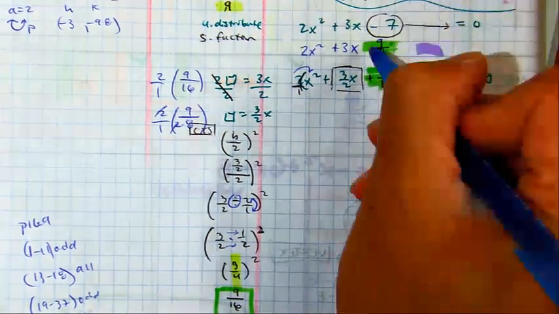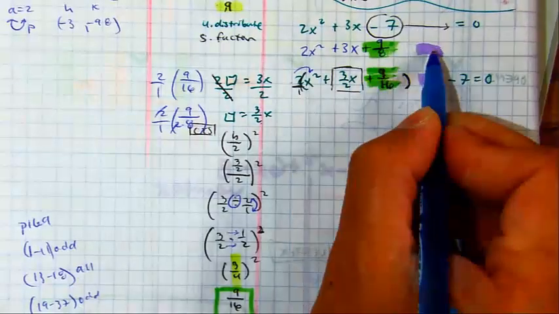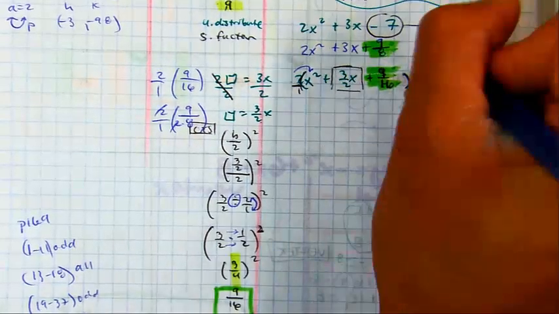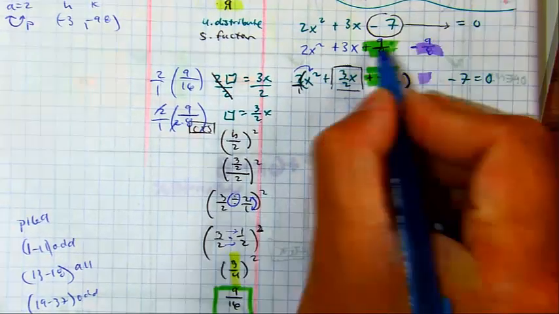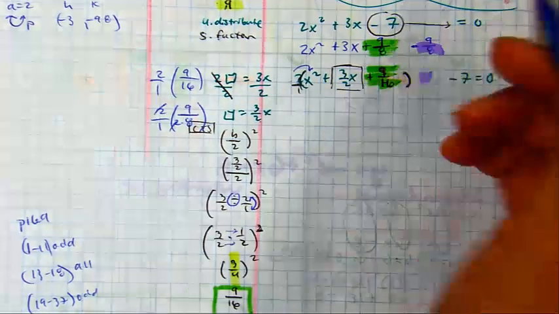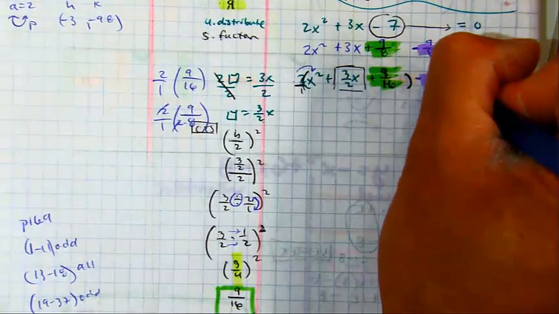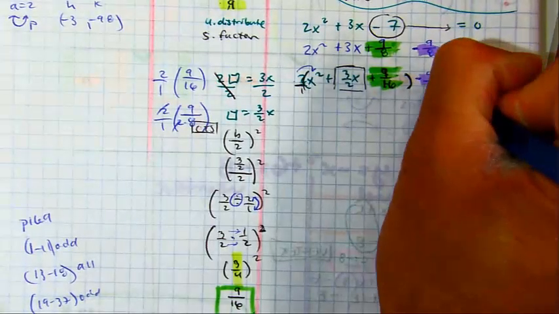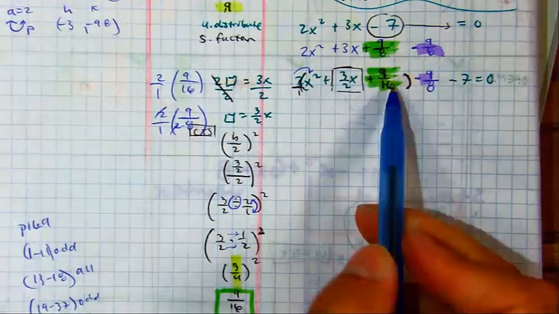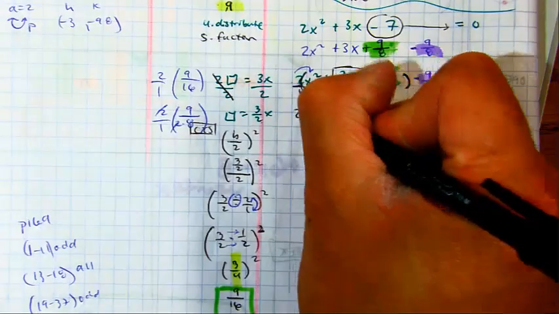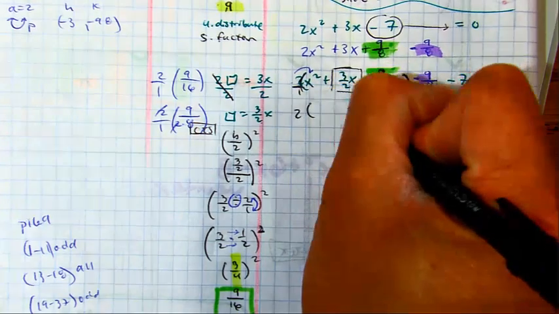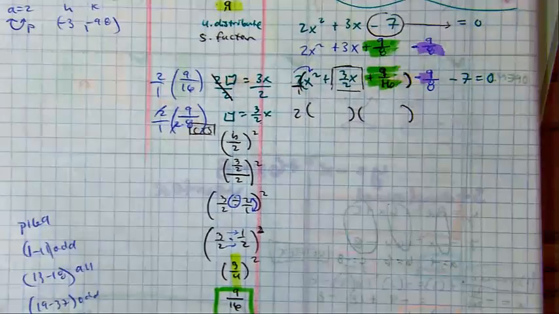So if this is a positive 9/8, class, what number does that have to be? Negative 9/8. That was kind of like a big idea for yesterday's lesson, that those two have to equal 0. You're not changing the equation. Okay, now we got to factor 2 times my parentheses here.